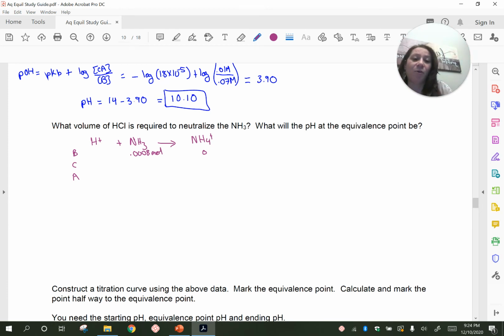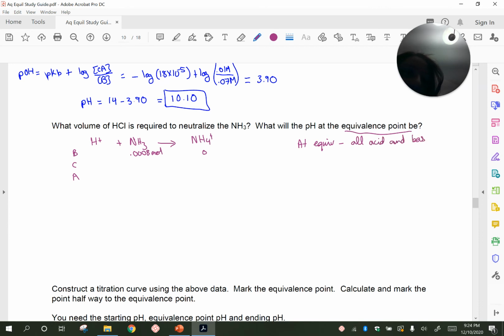But what else do I know? I know it's at the equivalence point. Well, what do I know about the equivalence point? At the equivalence point, there's no limiting reactant, right? All the acid and base are used up. And so for a 1-to-1 ratio, the moles of acid are going to equal the moles of base, right?